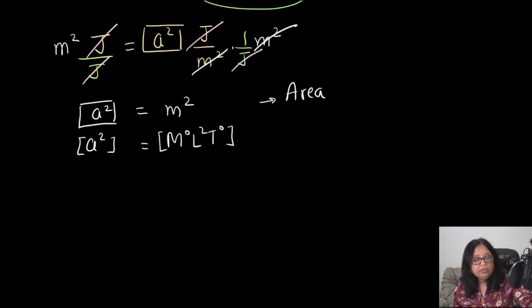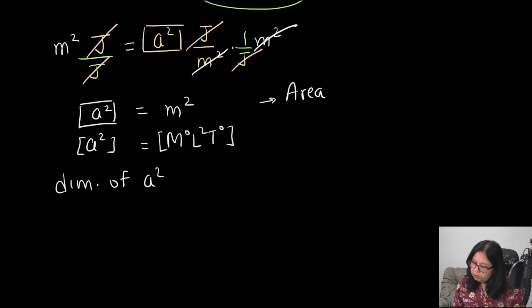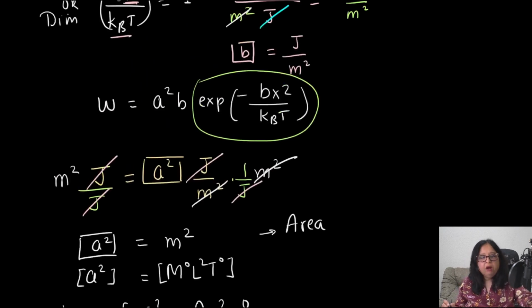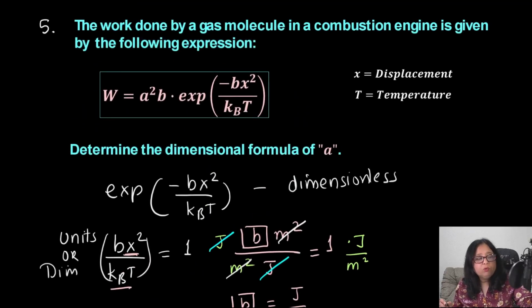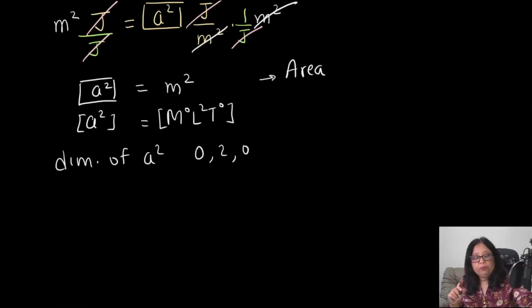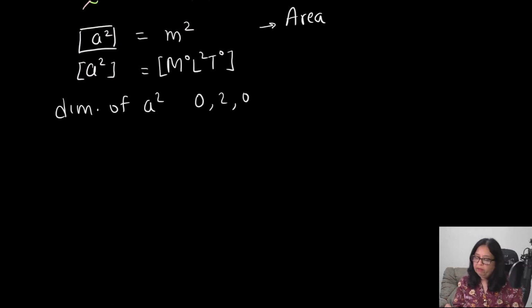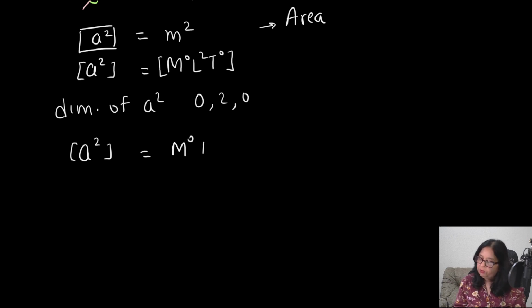What are the dimensions of a squared? 0, 2, 0. But are we asked for the dimensions of a squared or a? We're asked for the dimensional formula for a. So we have this a squared, its dimensional formula equals M0 L2 T0.